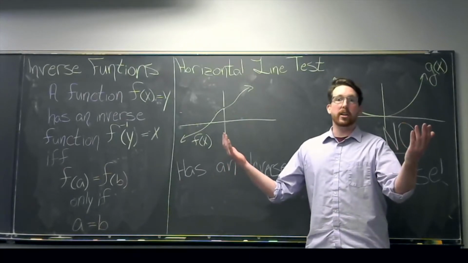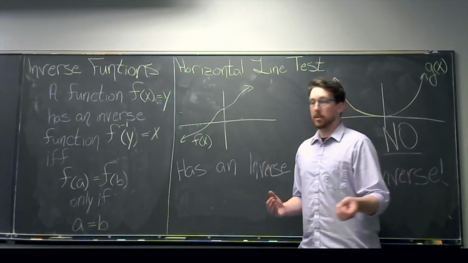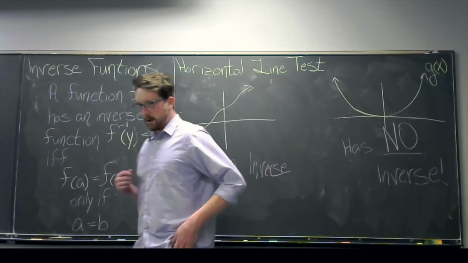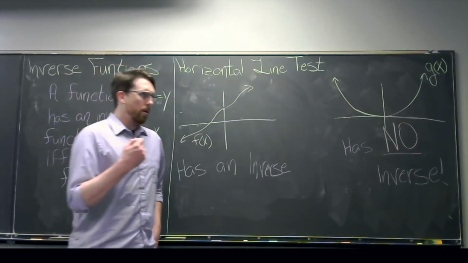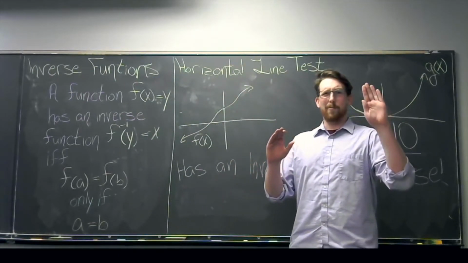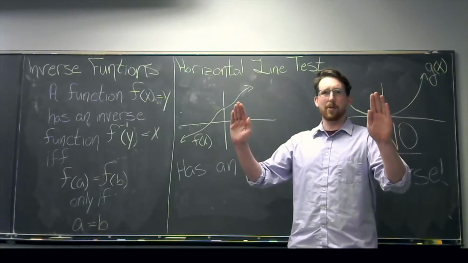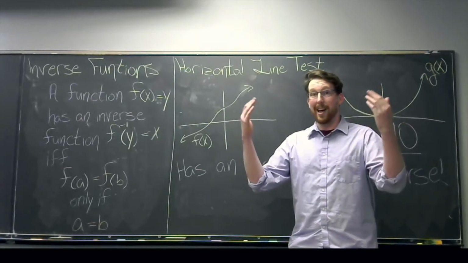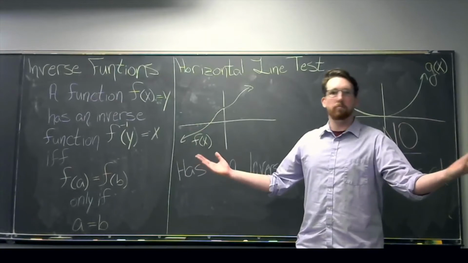That's all injectivity or one-to-one means. So we're just saying that if our function gives us the same value, then it's got to be because the x is the same. Cool.